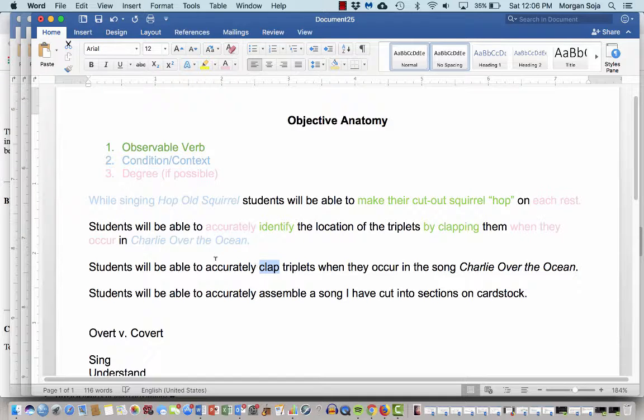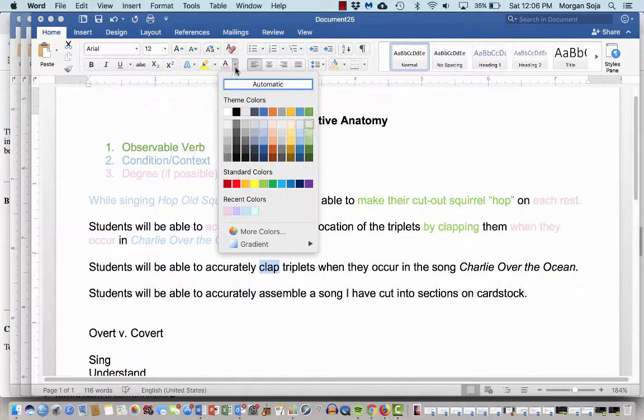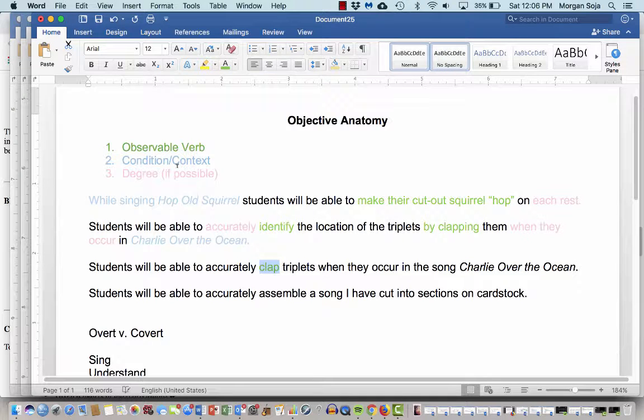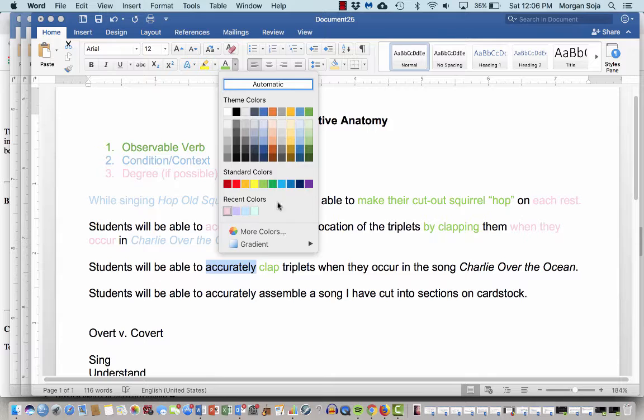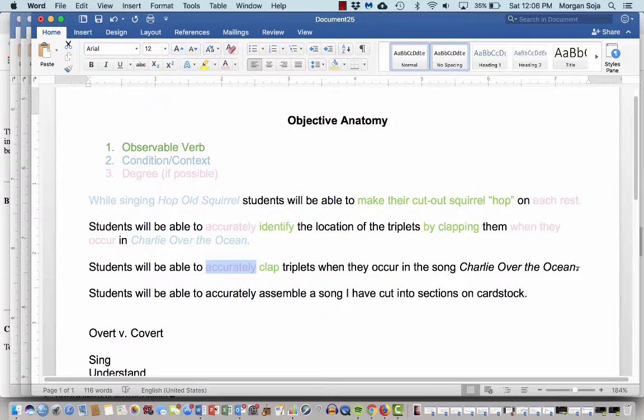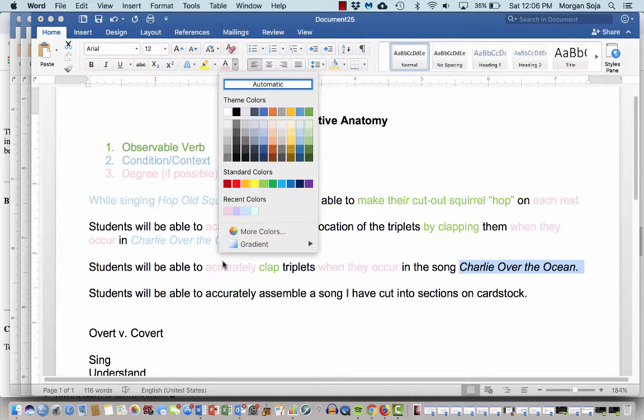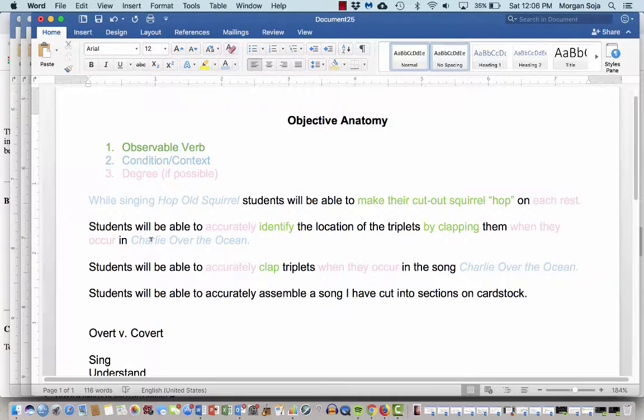So our verb is clap, right? Accurately is the extent, or the degree, to which we want them to be able to do it, and/or when they occur, right? And then the condition or the context is in the song Charlie Over the Ocean. So that might be a simpler way of stating the same thing.